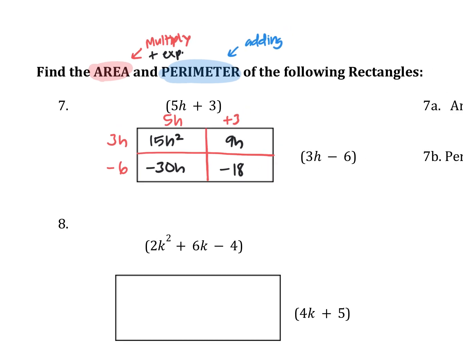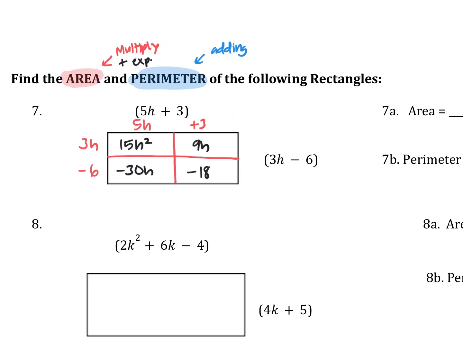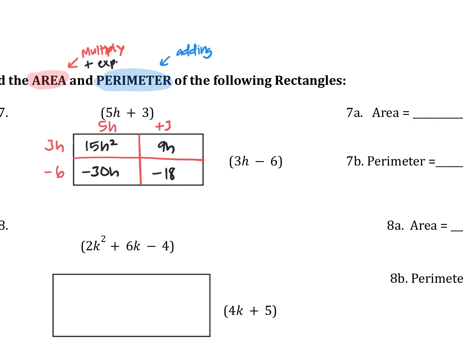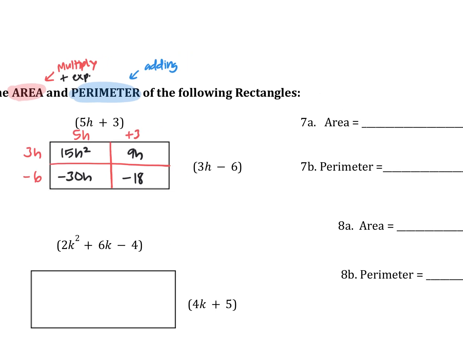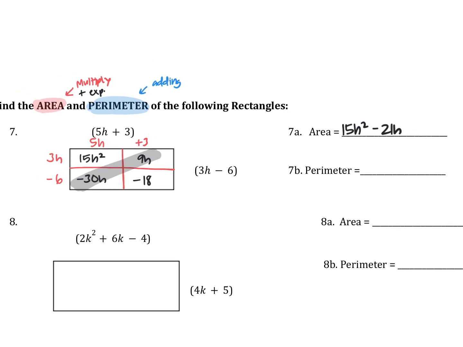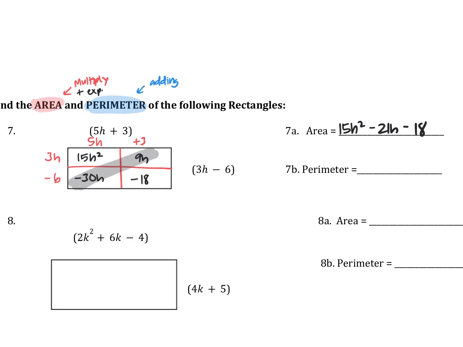And then when writing out my final answer for my area, we've got to combine the like terms. So 15h squared will stay there by itself. But then if I look on that diagonal there, I've got two h values, negative 30h and 9h, and if I add those together, I'll get negative 21h, and then minus 18 left over. That is my area. We'll come back for perimeter in a little bit.